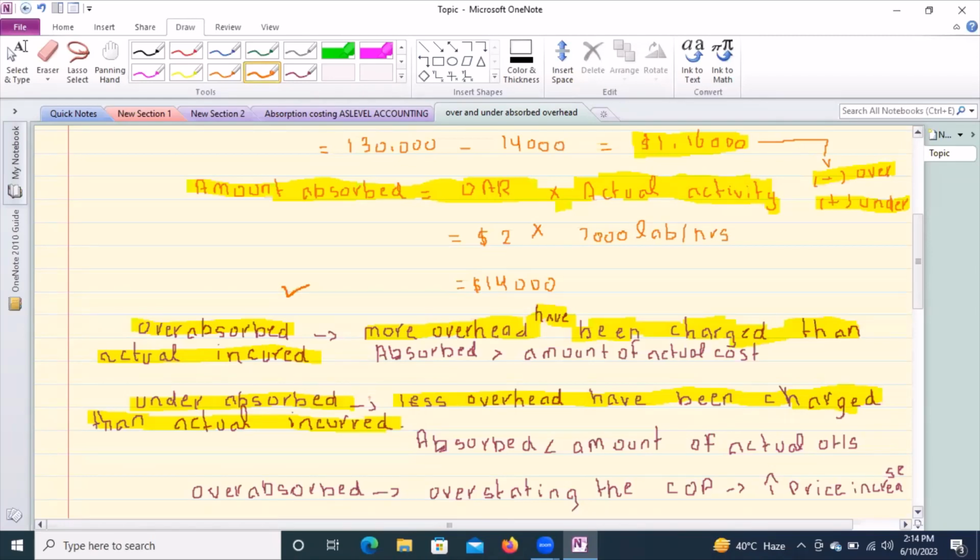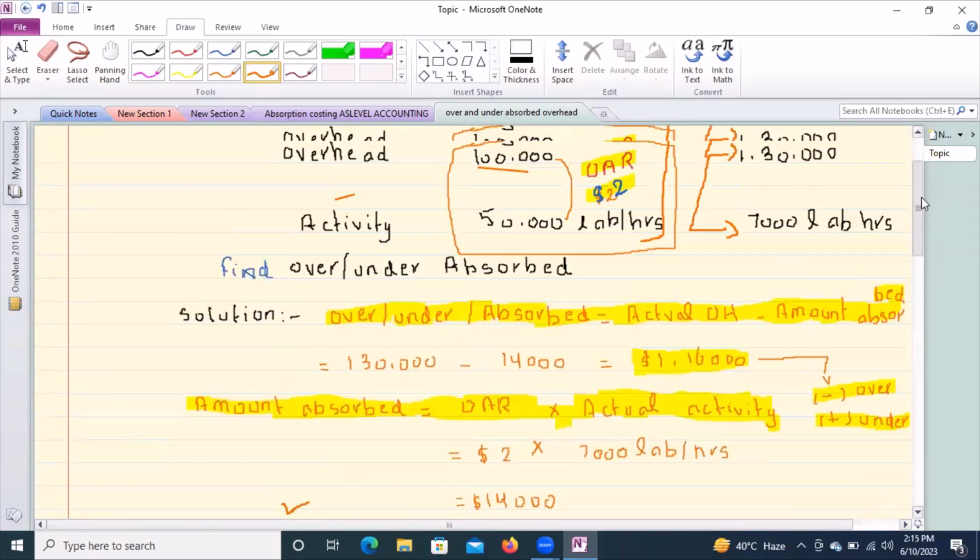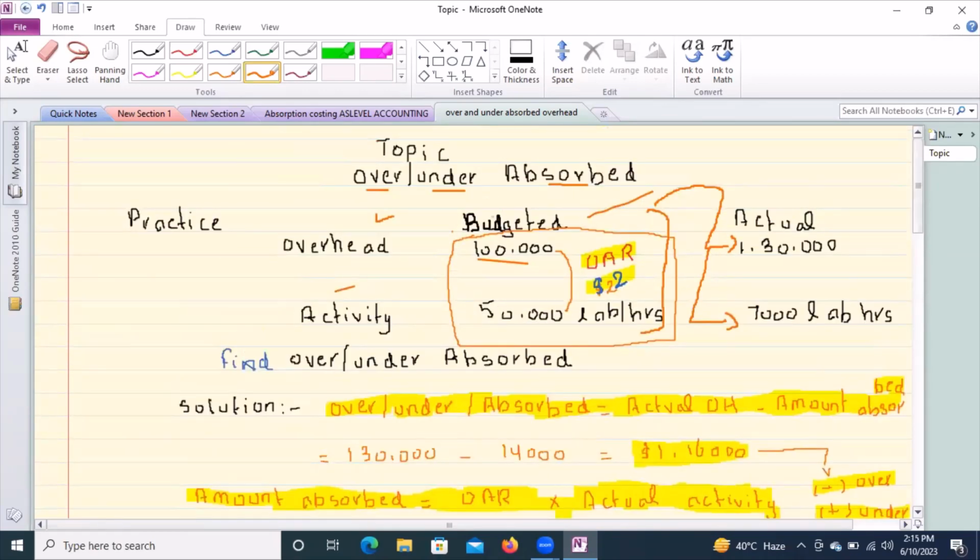And if less overhead has been charged than actually incurred, it means that your overhead is under absorbed. Simply means, suppose that your budgeted overheads would be 100,000, but your actual is 1,30,000. So there you can see that there is a lot of difference. There is a 30,000 difference basically.